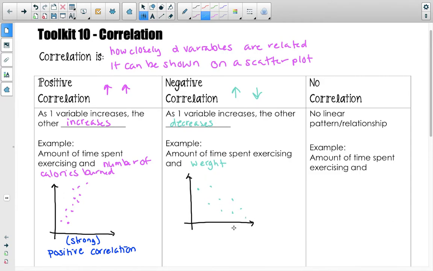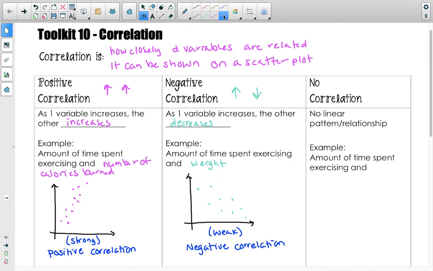They're not as closely grouped together, but they are going in a negative fashion. So as the x's increase, our y's are going down. So this would be considered, in this case, a weak but negative correlation. And again, negative correlation does not mean it's bad. It just means that as one increases, the other decreases.